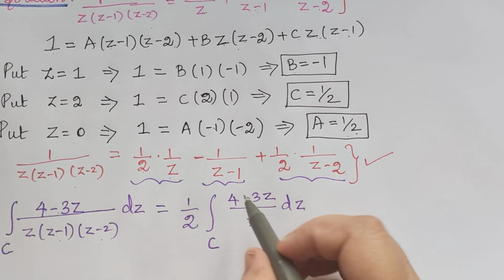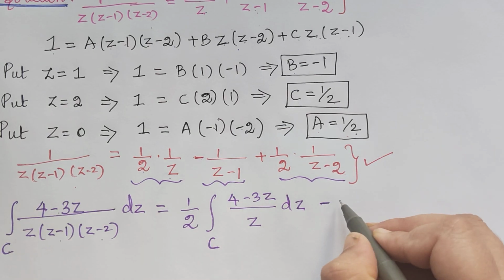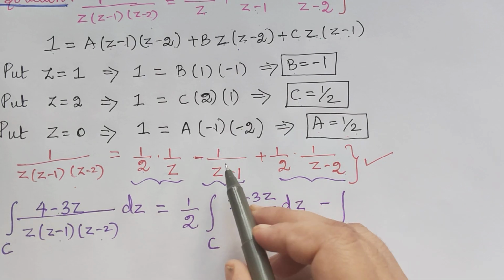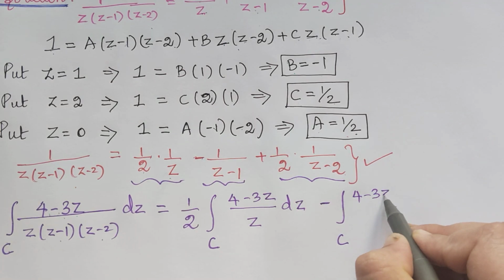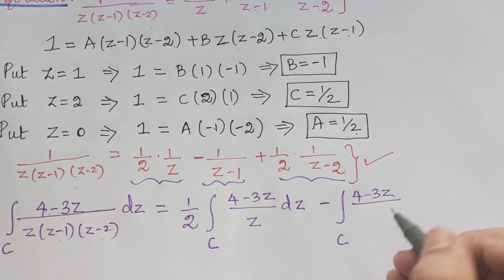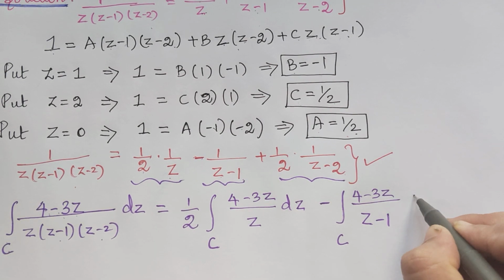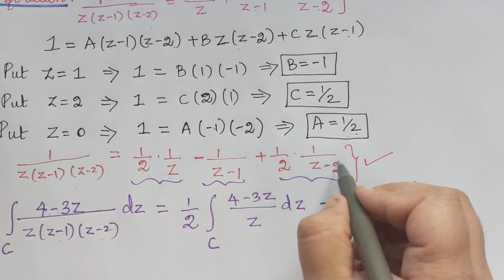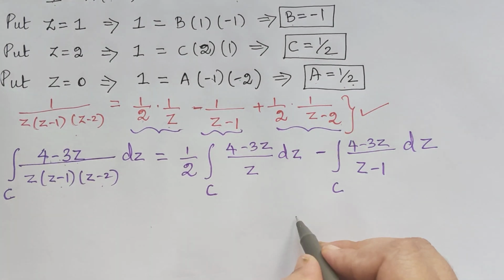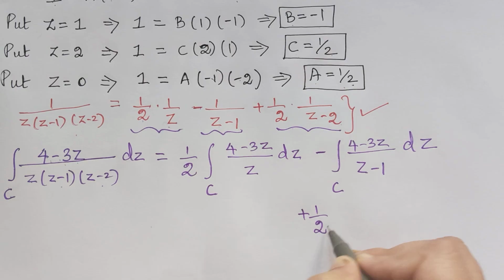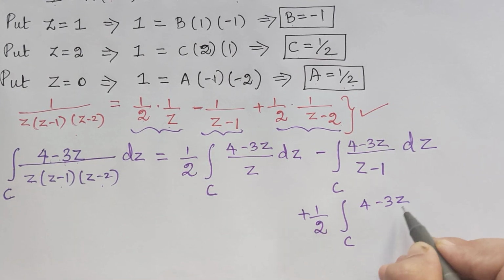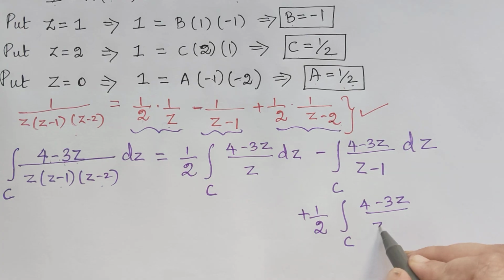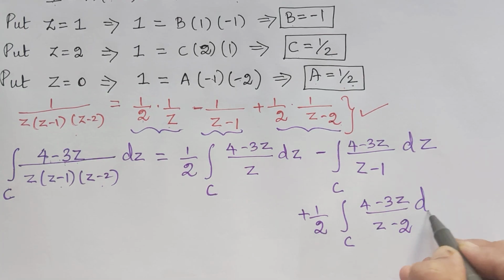Similarly, then minus integral over C. What is the numerator here? 4 minus 3z divided by z minus 1, dz. And then finally, plus 1 by 2 integral over C of 4 minus 3z divided by z minus 2, dz.